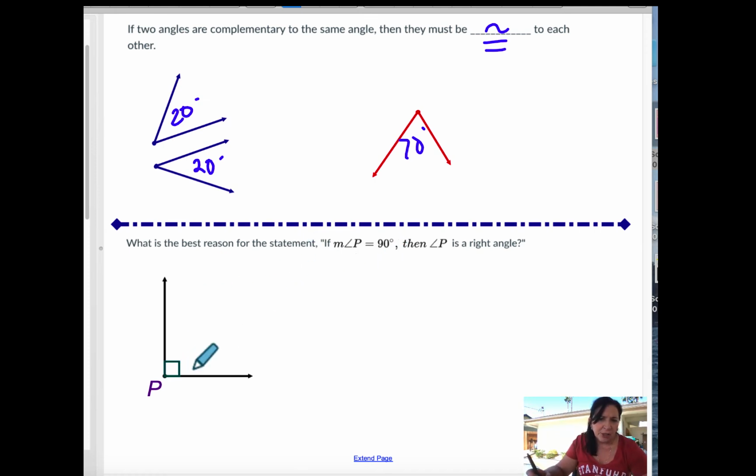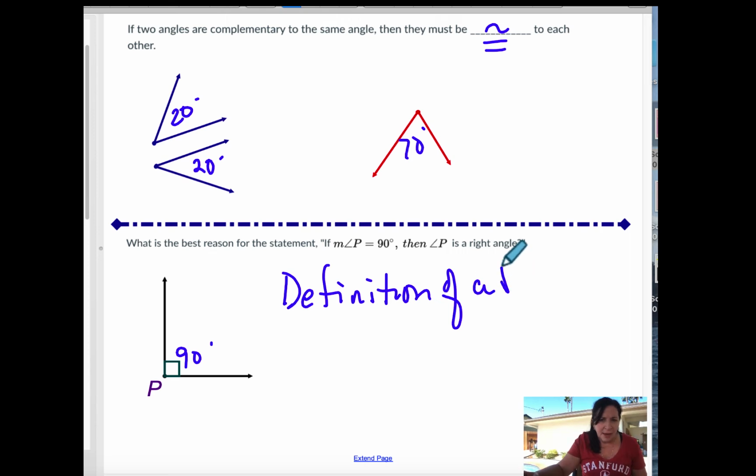If the measure of angle P equals 90 degrees, then angle P is a right angle. Well, this is very simply the definition of a right angle. And so what you have to understand with these kinds of problems is that we're not adding angles.